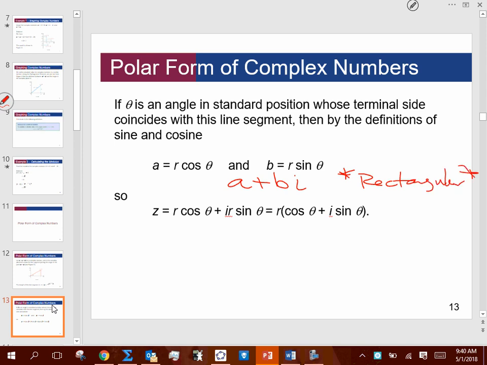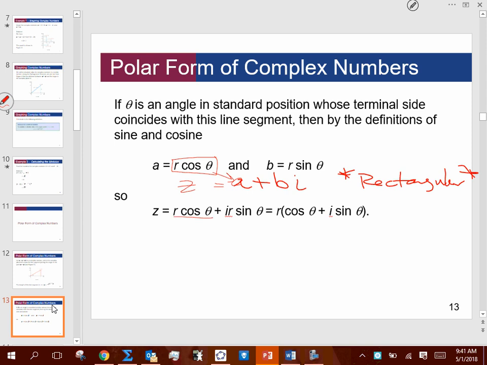Okay? Well, we now know that the trigonometry shows us that A can be rewritten as r cosine theta, right? Okay, so let me do this. Z is equal to a plus bi. That's rectangular form. A is r cosine theta, so we replace that here.